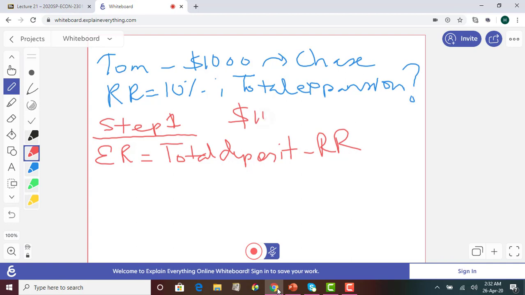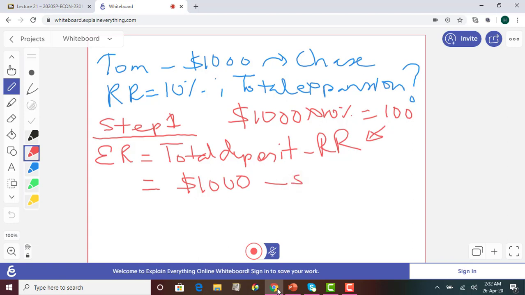So 1,000 times 10% is equal to $100, and that's your required reserve amount. So now total deposits we know is $1,000 minus your required reserve amount of $100. So $900 can be loaned out, correct? That's step 1. We first have to calculate the excess reserve.